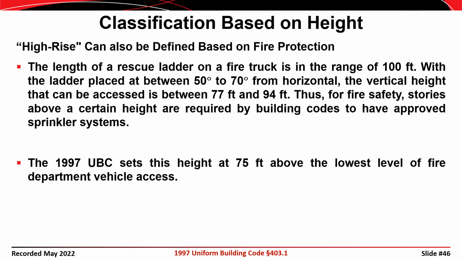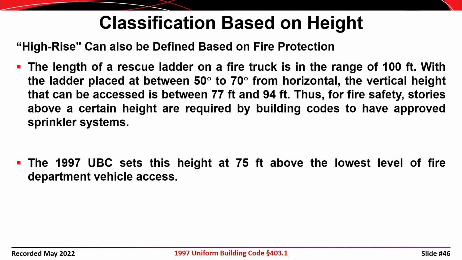Okay, a high rise can also be defined based on fire protection. See, the length of a rescue ladder on a truck is roughly 100 feet when it's extended. If you place the ladder at an angle of 50 to 70 degrees relative to the horizontal, that means that ladder, that truck, can reach about 80 to 90 feet above the ground.